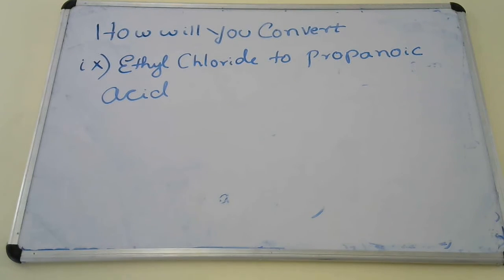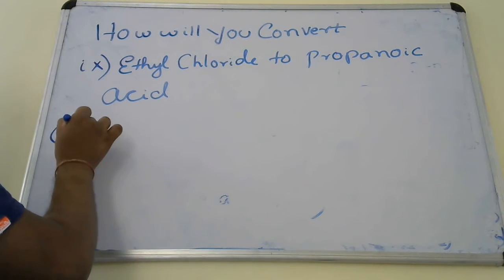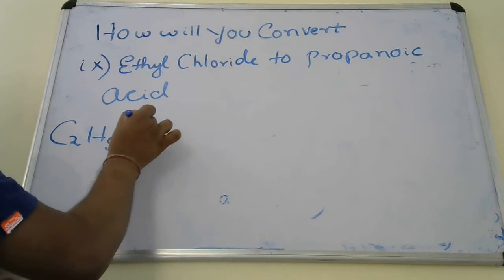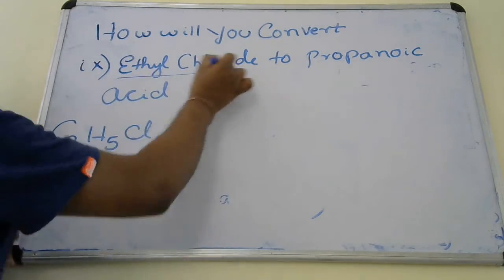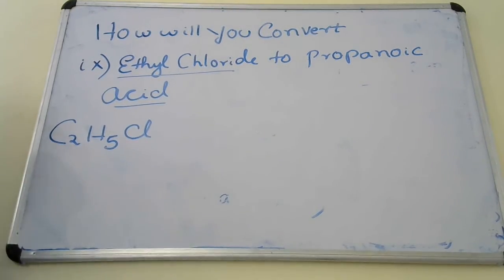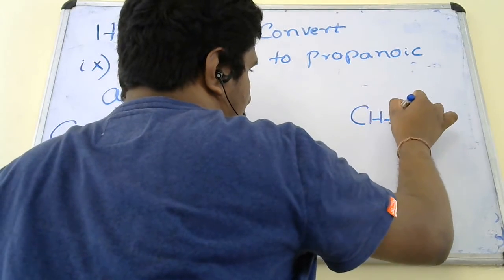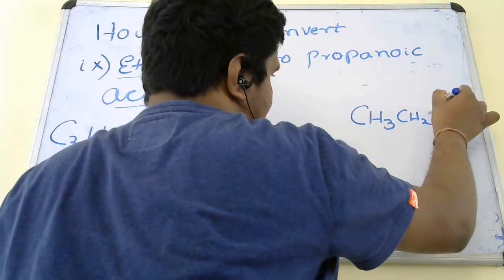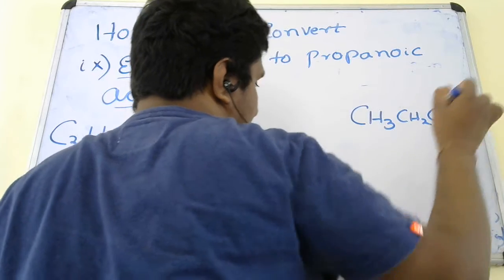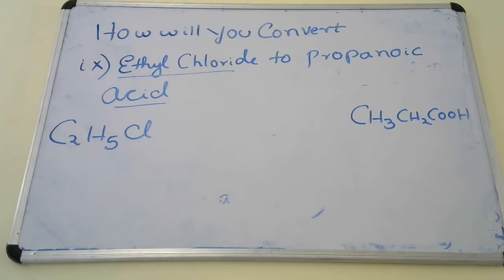Obviously first we will draw the structure. Ethyl chloride structure, very easy. This is ethyl chloride, the starting reactant, and the destination product is propanoic acid. So this is your propanoic acid, the COOH group will be there. Now you see there is 1 carbon extra.